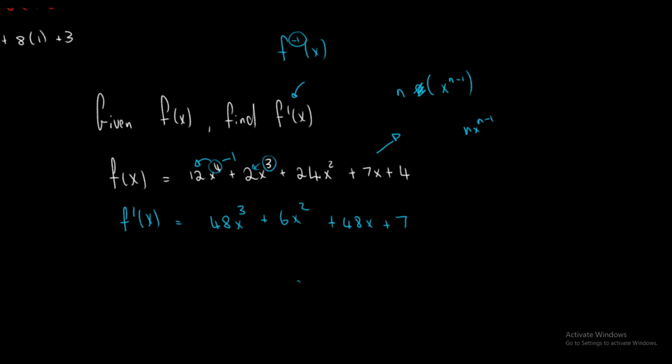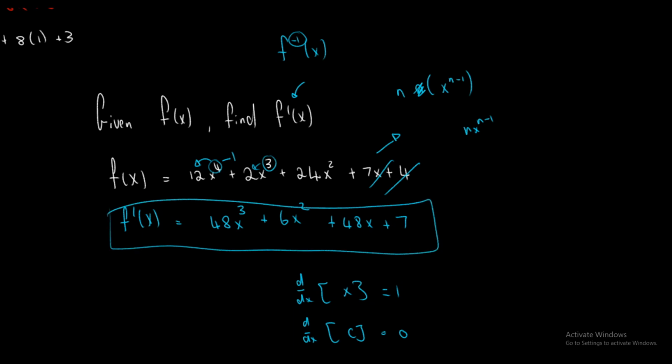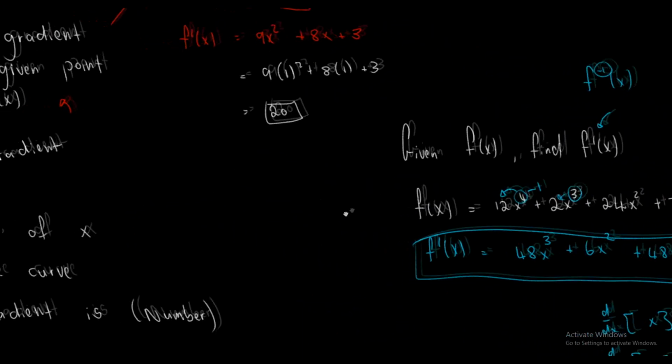The reason I just add 7 is that the derivative of x, or any single variable, is 1, and the derivative of a constant or a number, I have a full proof somewhere on the channel, is always 0. So you never write the derivative of a number, and in this case you can simply get rid of the x, and then this would be your final answer for these types of equations.